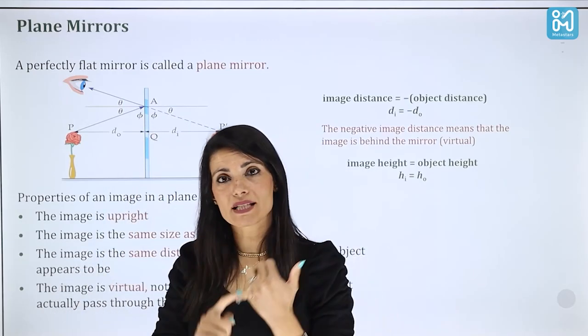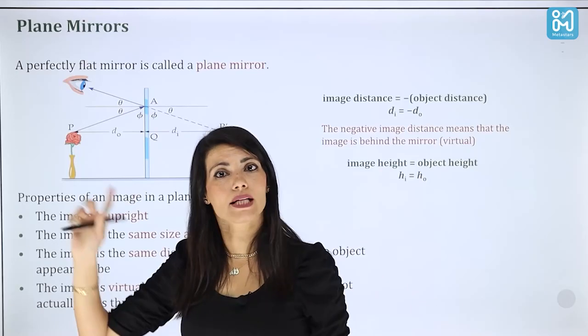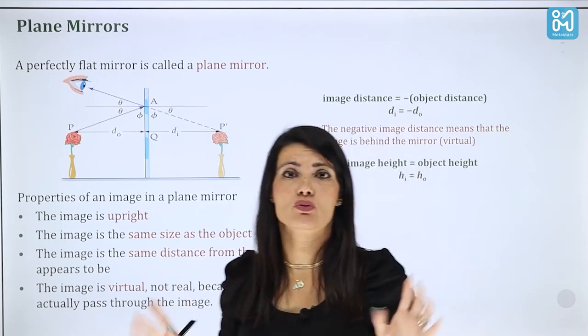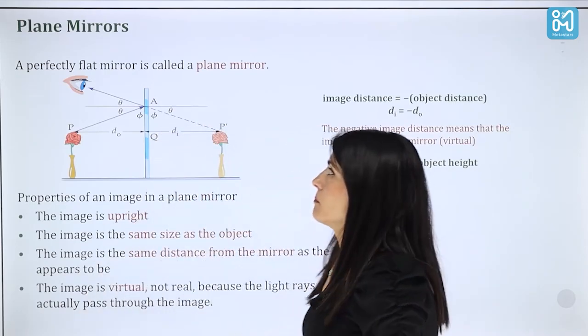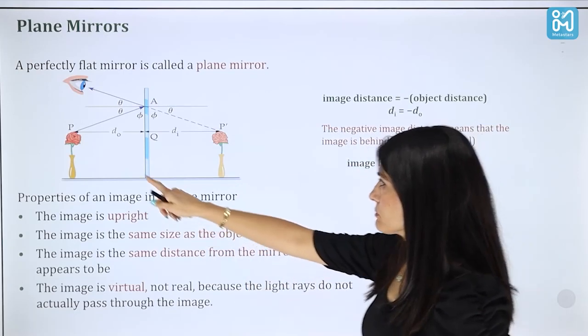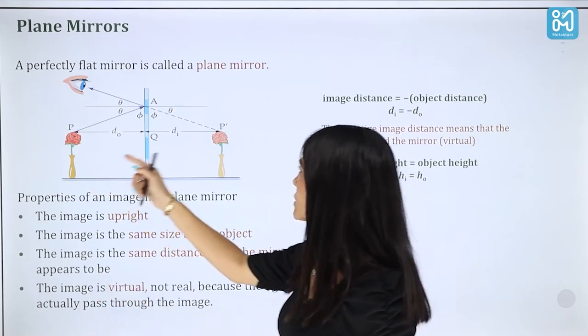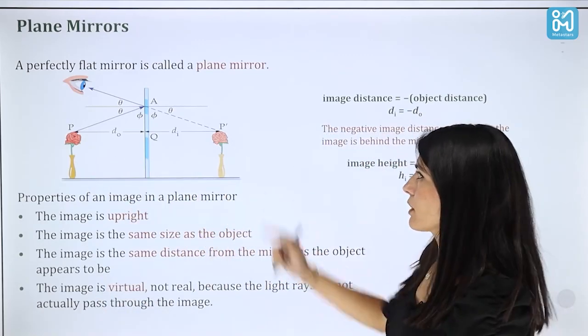So we have flat mirrors, plane mirrors, and we have curved mirrors. Let's talk about the flat mirrors now. The flat mirrors are the mirrors we use in our life, the one you see yourself in. So, as you can see, this is a flower, and you can see the reflection of it. We can see the image of the flower on the other side.